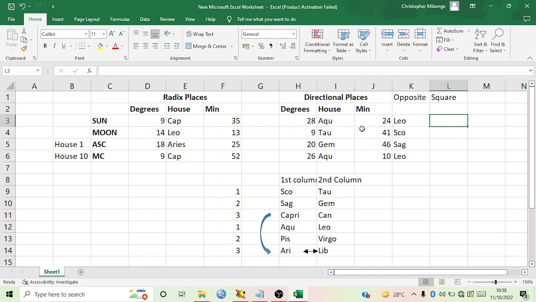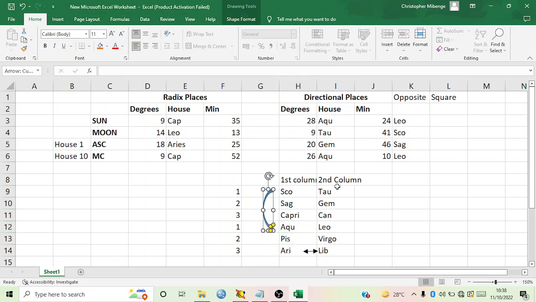So having said that, Aquarius, which house is opposite, or is square, sorry, to Aquarius? So Aquarius is 1, right? Aquarius is 1. So Aquarius is square to, yeah, that's right, to Scorpio.